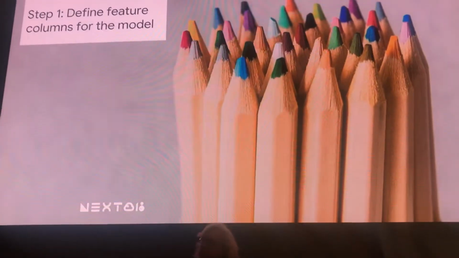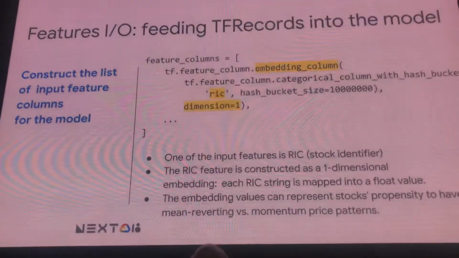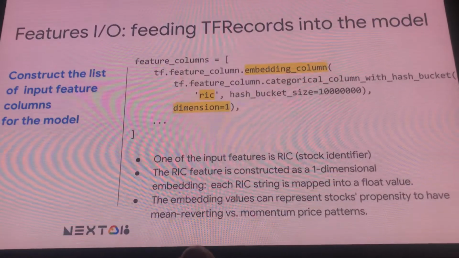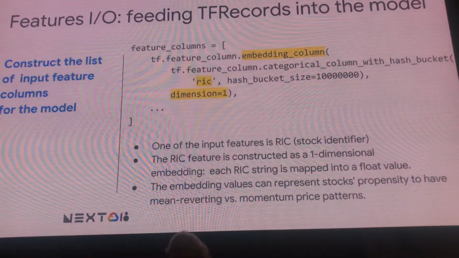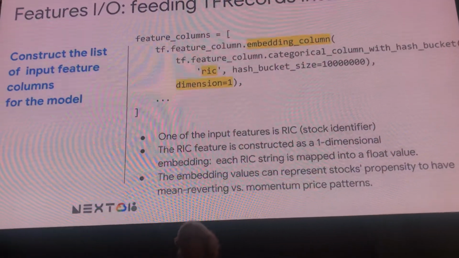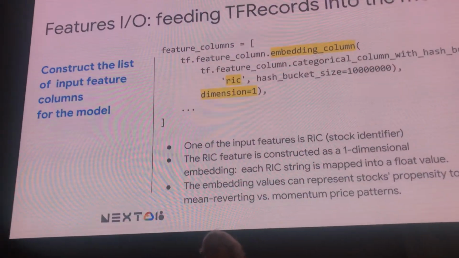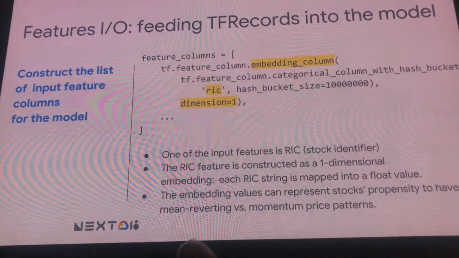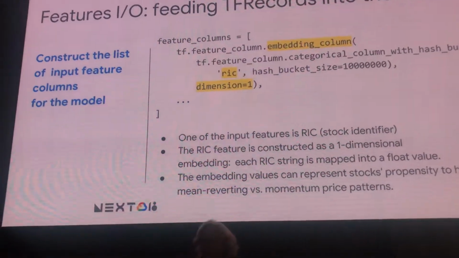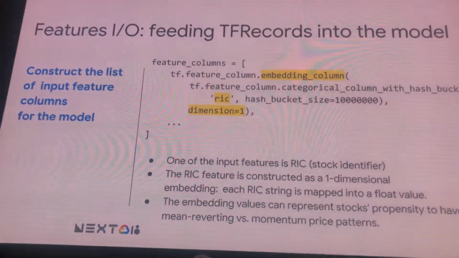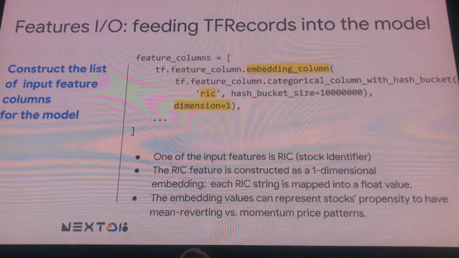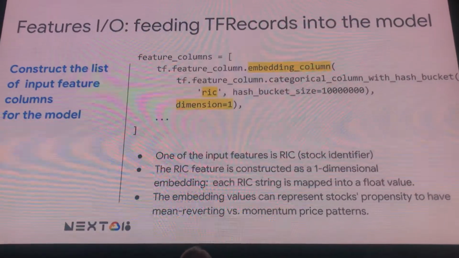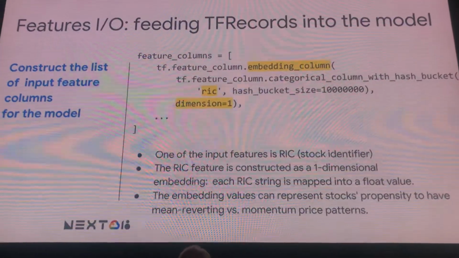Okay, step 1, defining feature columns for the model. Feature columns is a list. It specifies the type of each feature. Here, for example, for the rig, we're using what's called an embedding column. We're plugging the stock identifier, a string, in as an embedding, which means essentially that we're mapping the string into a numeric value.